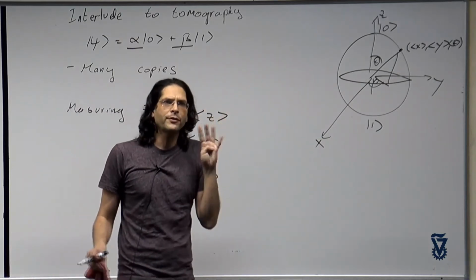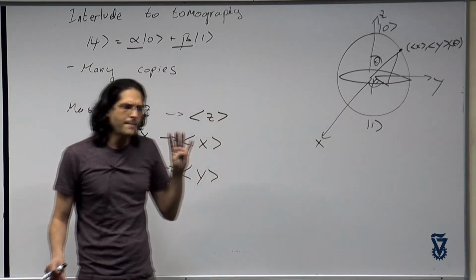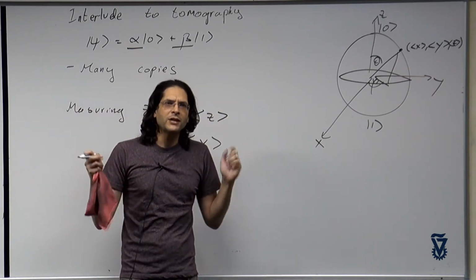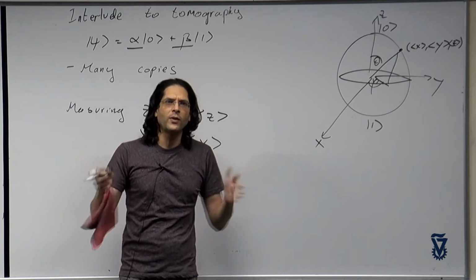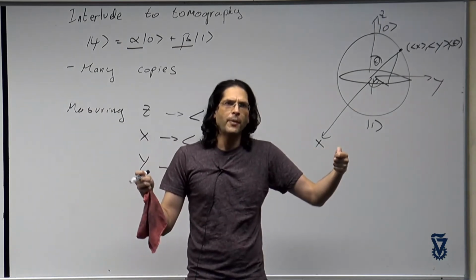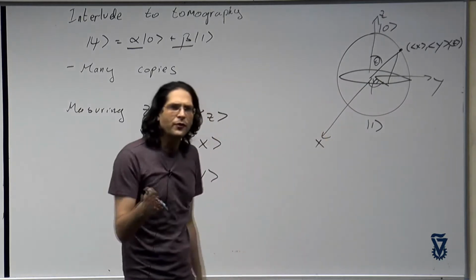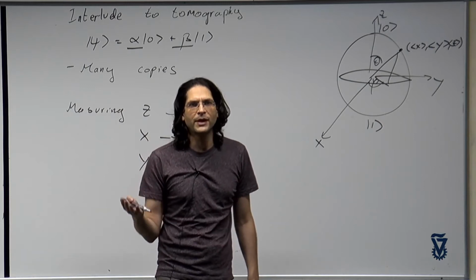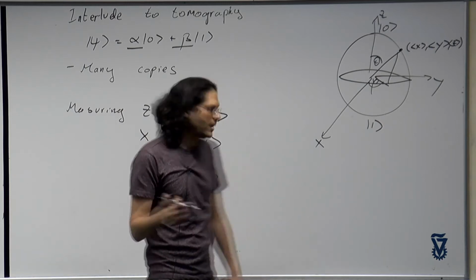The big problem with tomography is that as you increase the number of qubits, your measurement information increases linearly. With each added qubit, you only get 1 more bit of information. But your Hilbert space grows exponentially.